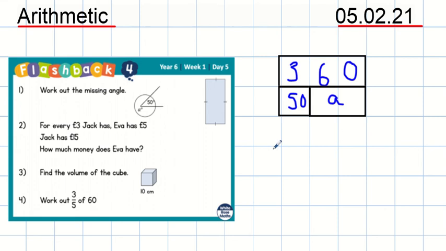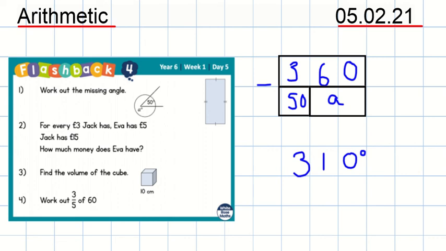I need to do 360 subtract 50, and we can do that mentally. 60 subtract 50 would leave 10. I haven't subtracted any hundreds, so my answer will be 310. Now don't forget to put your degrees symbol in to show that you are measuring an angle. 310 degrees.